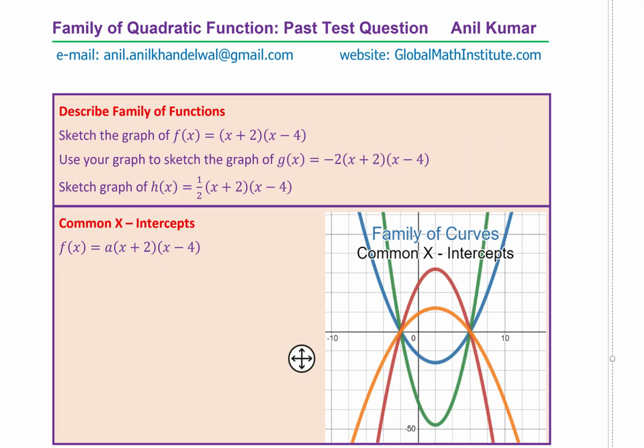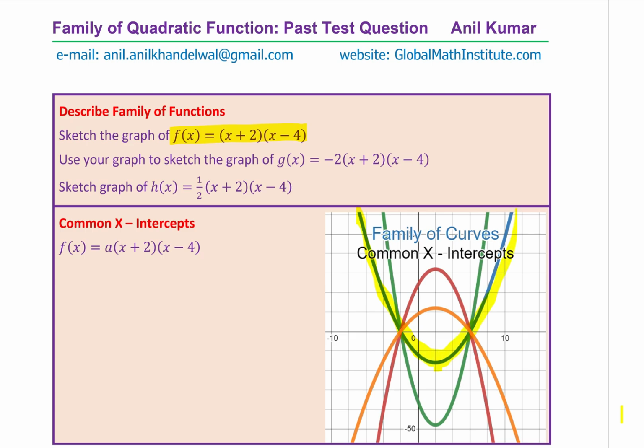Let me now show you all the three graphs together in this particular diagram. So what we did was sketch the very first graph, which was shown here to you in blue. So this is f of x, x plus 2 times x minus 4, which I had drawn earlier. So that becomes our function f of x.